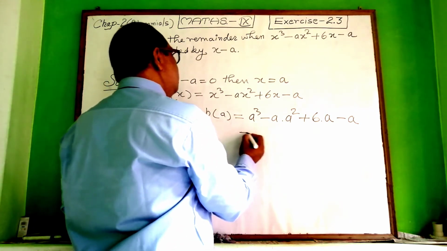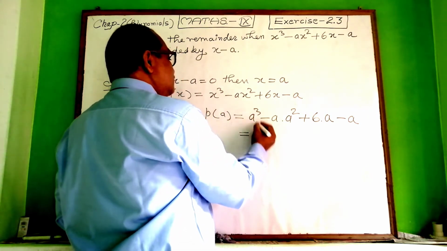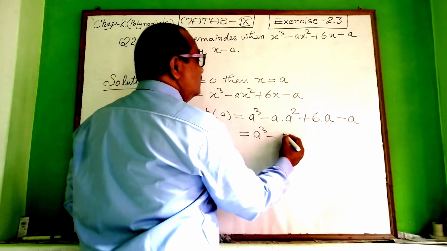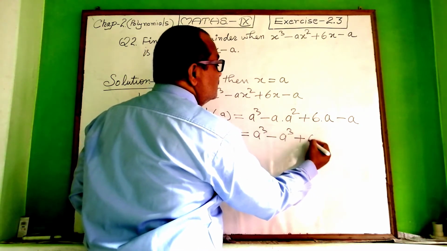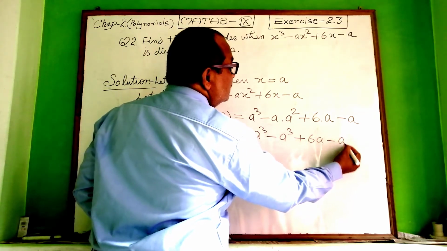Now you can see the remainder is coming in two lines: a cube minus a cube, this is product is a cube, plus 6a minus a.